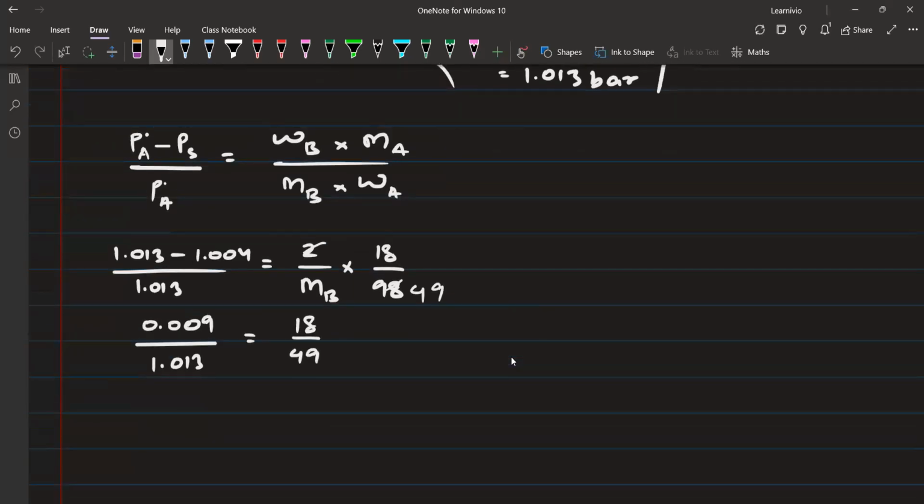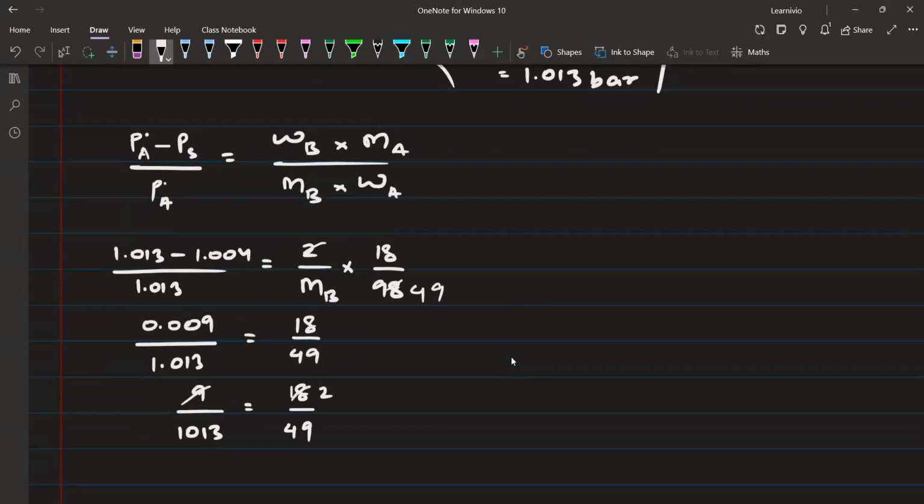Here we can write 9 upon 1013, because in the numerator we have 3 digits after the decimal and in the denominator we also have 3 digits after the decimal, so you can remove the decimal point directly. So it is equal to 18 upon 49.